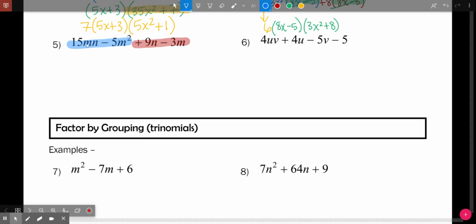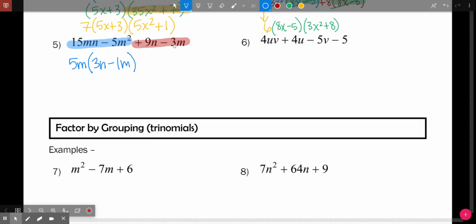So between 15mn and 5m squared, I have a 5m in common. 15 divided by 5 is 3. Mn divided by n is just n. Negative 5 divided by 5 is negative 1, and m squared divided by m is m.